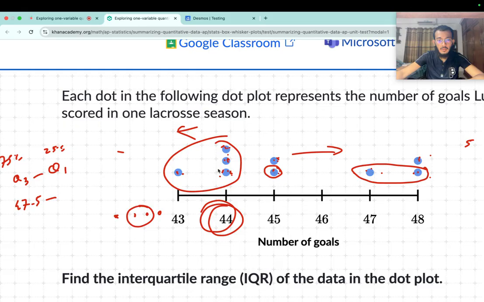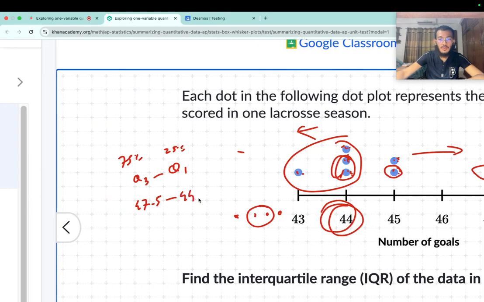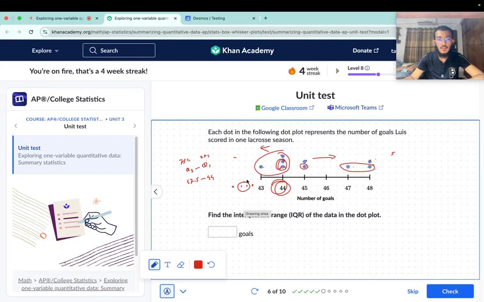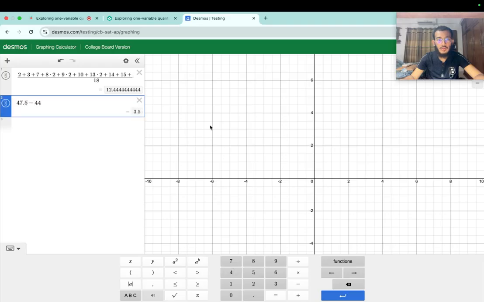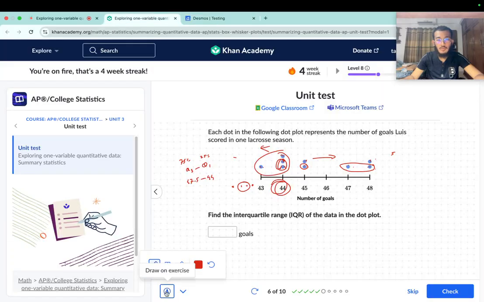The median is the middle two values, so the average of these two values is 44. So Q1 is 44. This is the interquartile range: 47.5 minus 44, which is 3.5. So 3.5 goals.